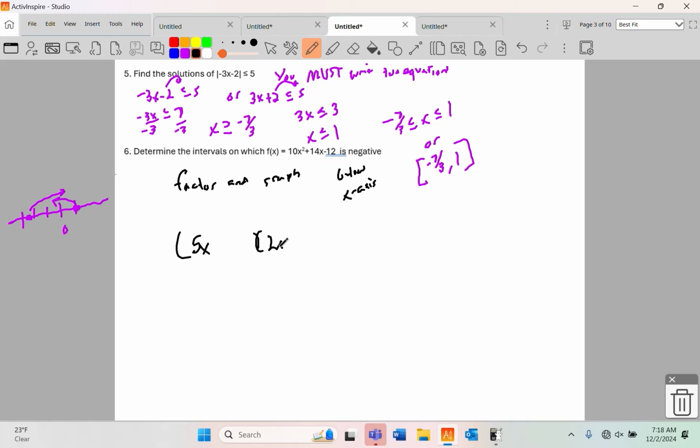Let's try 5x and 2x. And we'd have what, 6 and 2, maybe? 3 and 4? Yeah, 3 and 4. The outside's going to make 20. The inside's going to make 6. And 20 minus 6 is 14 in the middle.